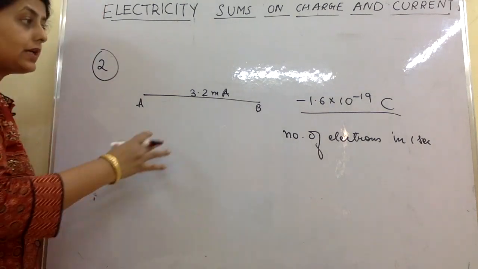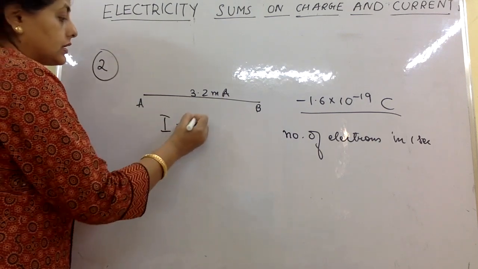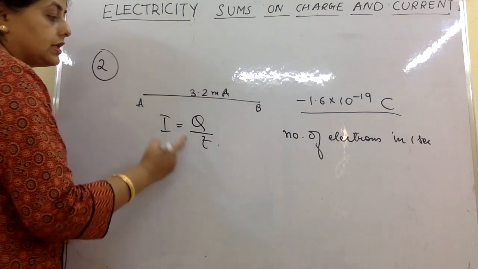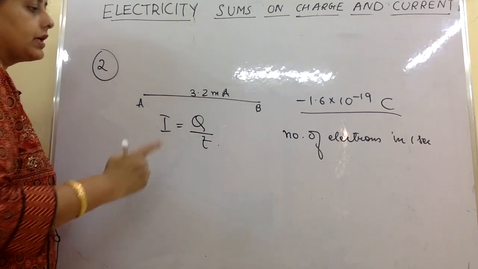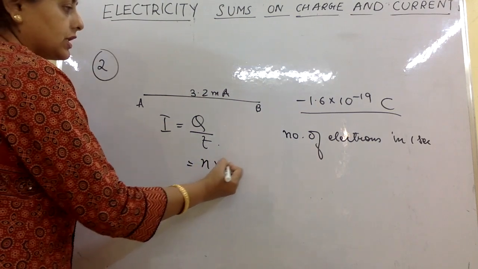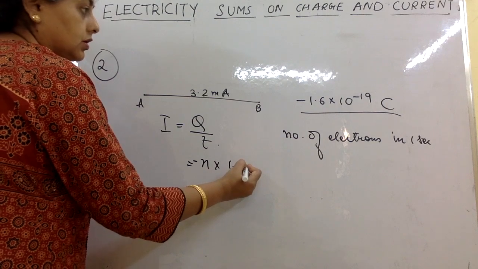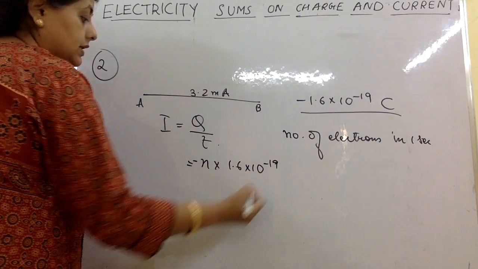So here, let me use this formula. Current is equal to Q by T, charge by time. Now charge is the number of electrons into the charge on one electron, minus 1.6 into 10 to the power minus 19.